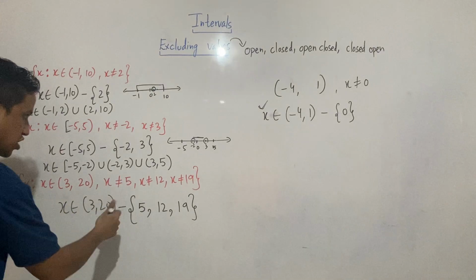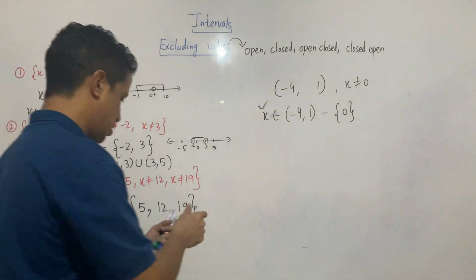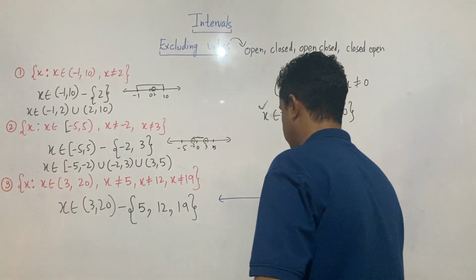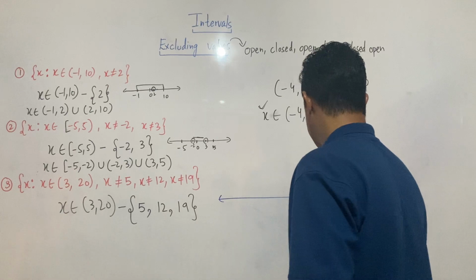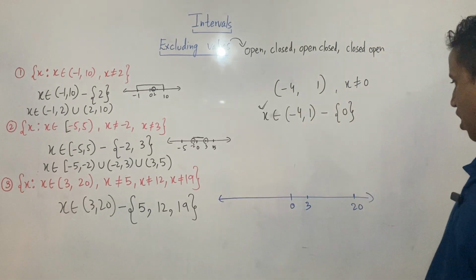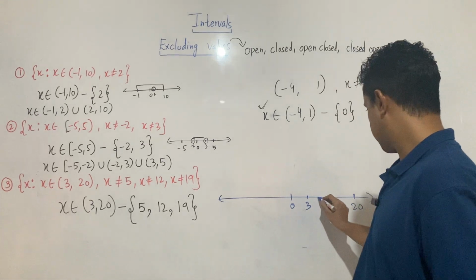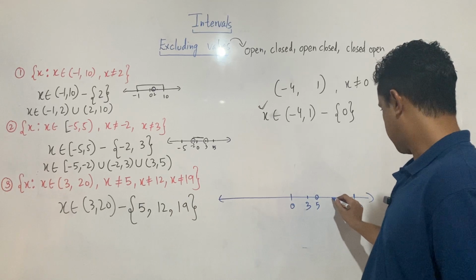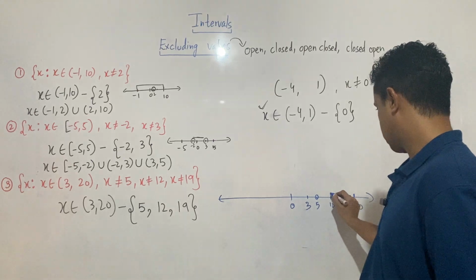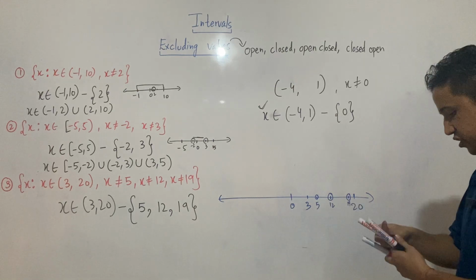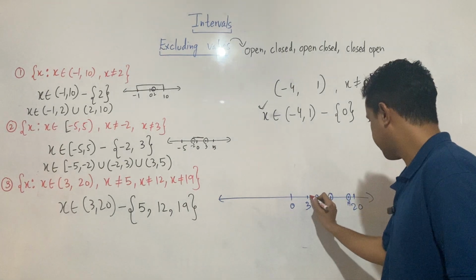You can again represent this on the number line. Here 0, here you have 3, here 20. So what do you have to exclude? 5 excluded, 12 excluded, 19 excluded. Now see here, what are you left with?